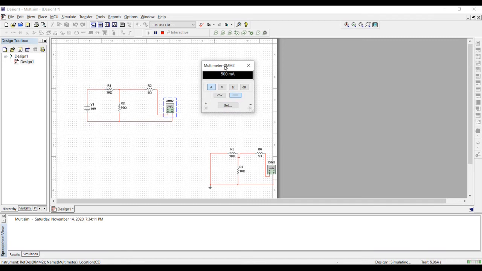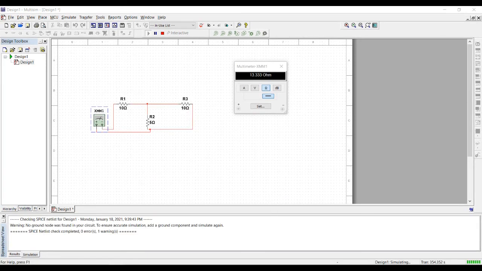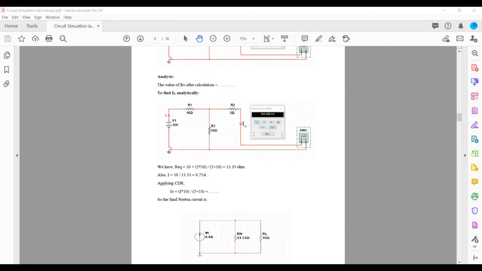Now we are going to calculate the value of this IN analytically. To find Rn, you can use R1, R2, R3. First, R2 and R3 are in parallel, so R2 R3 by R2 plus R3 plus R1. This will give the value of the equivalent resistance. Now let's find the value of IN analytically. We have three resistances here, R1, R2 and R3, and let's call the equivalent resistance of these three resistors R equivalent.